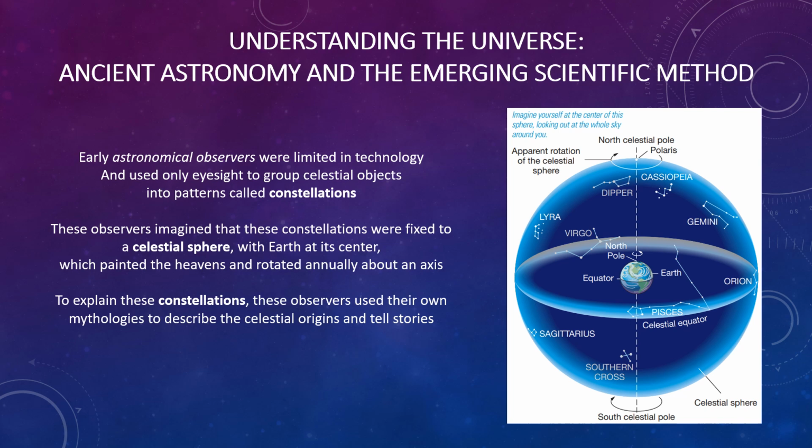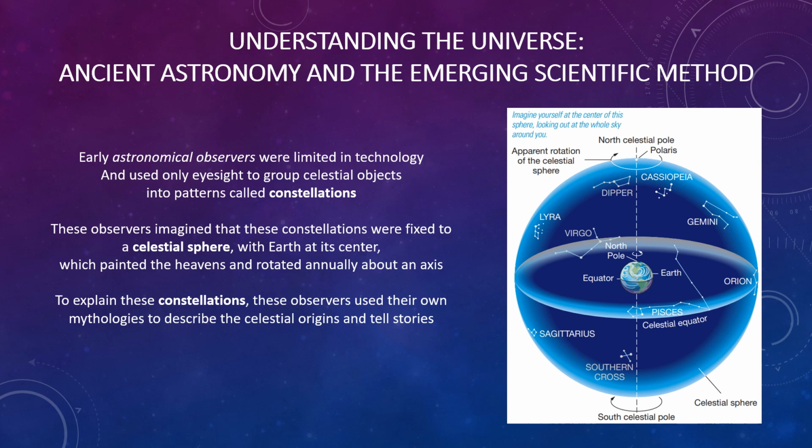And so when they were looking out at the night sky, these observers imagined that these constellations were fixed points on what they thought of as a sphere around the Earth that was known as the celestial sphere. And the Earth was in the center of this sphere, and it rotated around the poles, which were connected to the north and south celestial pole, with Polaris, the North Star, directly above.